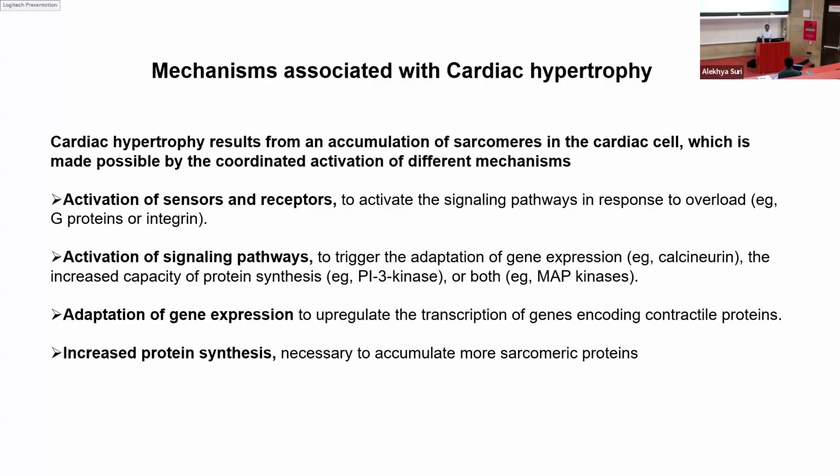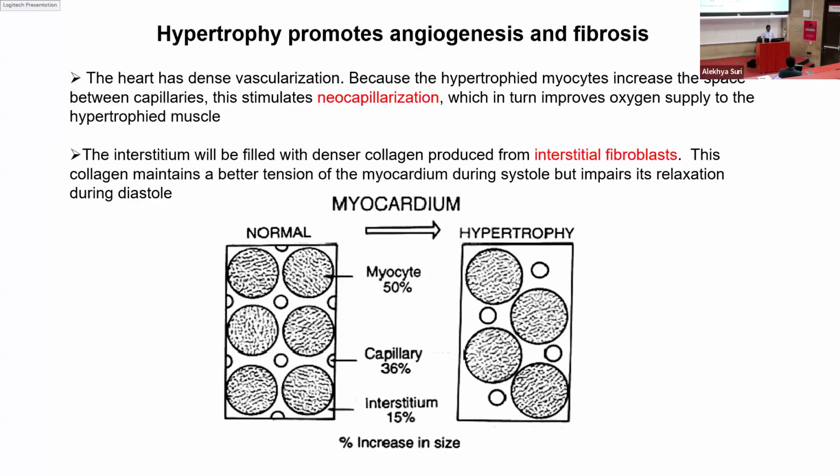However, if it continues, you will see the activation of other mechanisms like fibrosis and necrosis. So the hypertrophy can also promote angiogenesis and fibrosis. The first one is angiogenesis. This is a normal myocardium, and you can see the normal myocardium is all connected with capillaries.